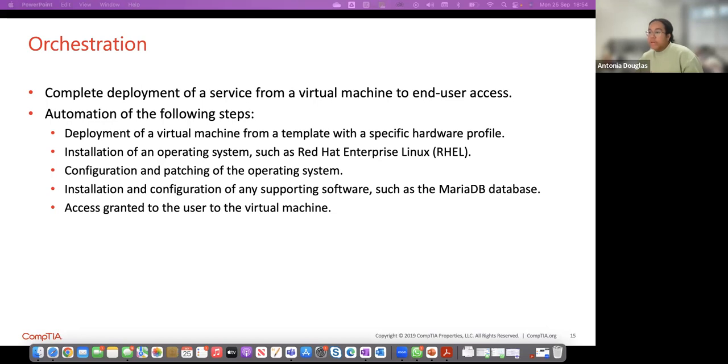Installation and configuration of any supporting software, and granting access to the user to the virtual machine. That's something I mentioned earlier around that complete culture shift, and giving users access. So this is really the complete deployment process from beginning to end, from infrastructure to the end user.